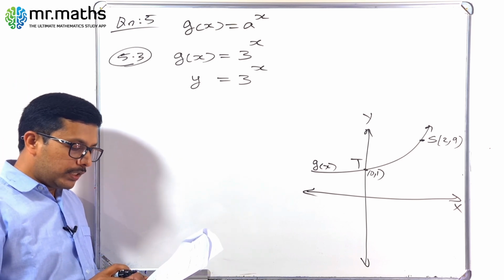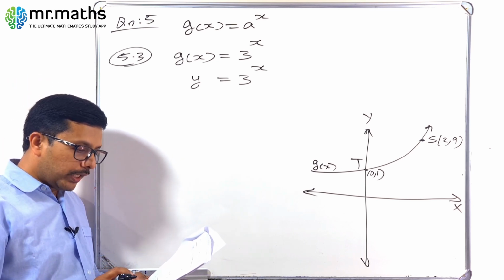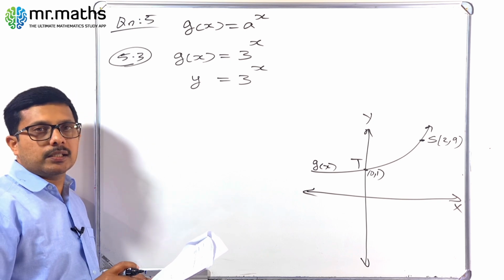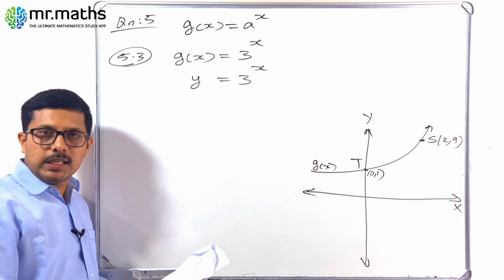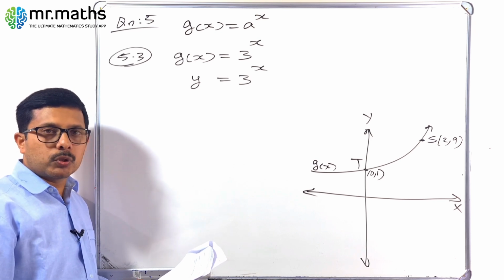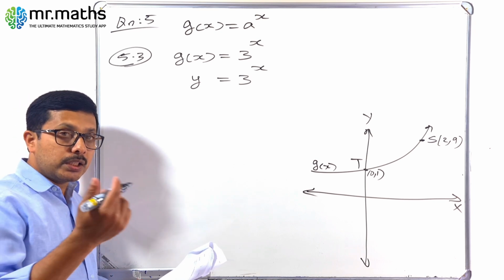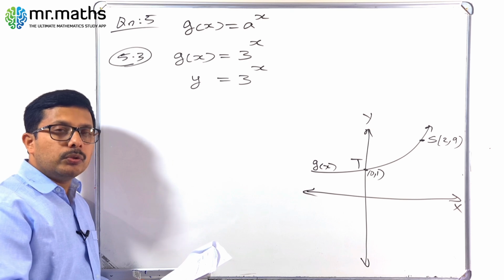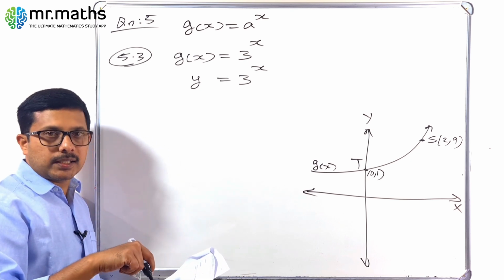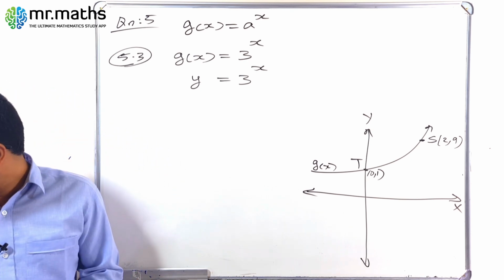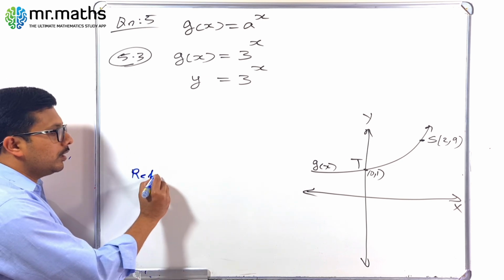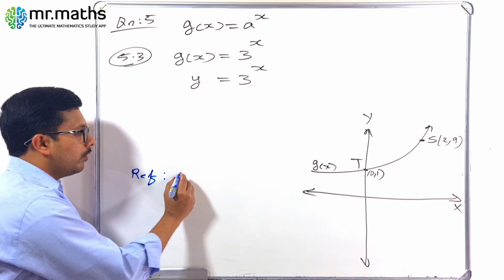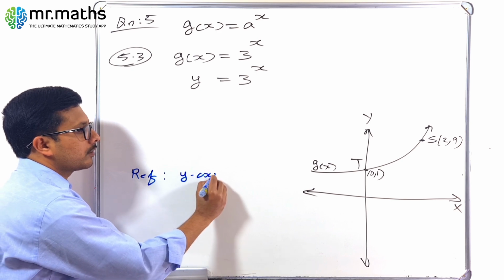Now what is this question? The graph of h is obtained by reflecting g in the y-axis. If a graph is reflected in the y-axis, what are you supposed to do? You have to change the sign of x, so remember that.